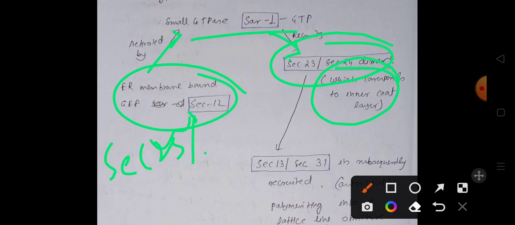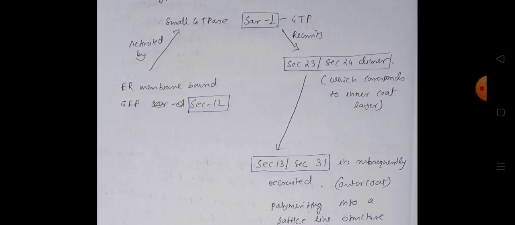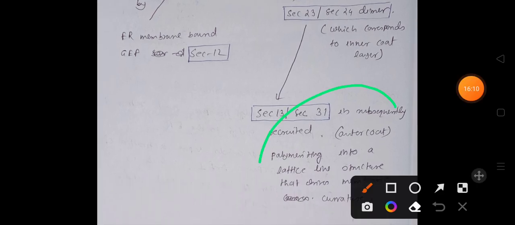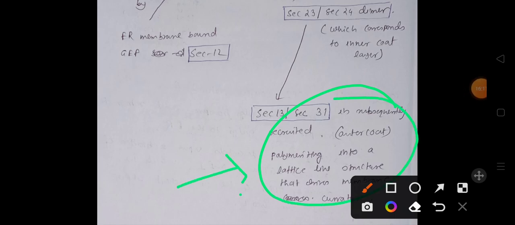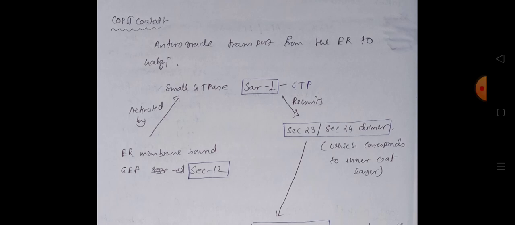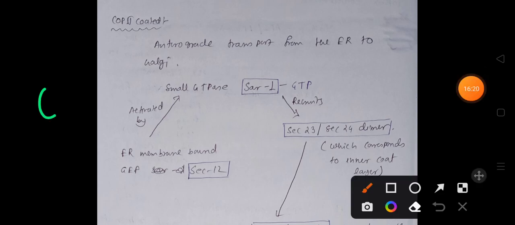Then, after Sec23 and Sec24 recruitment, there will be recruitment of Sec13 and Sec31, which will create the outer coat. Then polymerization will occur, creating a lattice-like structure that drives the membrane curvature. So that is the idea of COP2 coated vesicles. So three types of vesicles we have learned. One is clathrin.